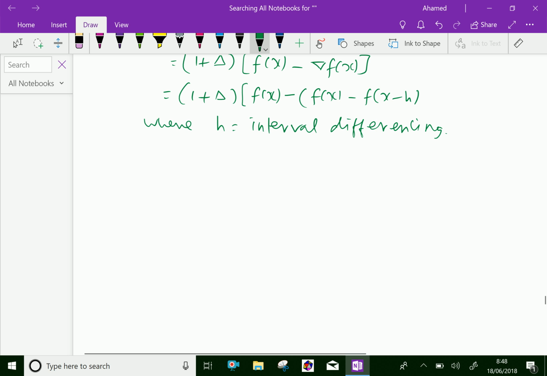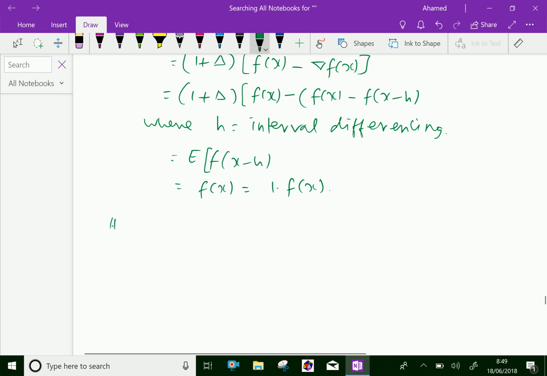Now 1 plus delta, we know that it is E of f of x minus h, which is equal f of x, which is further equal, we can write 1 into f of x.